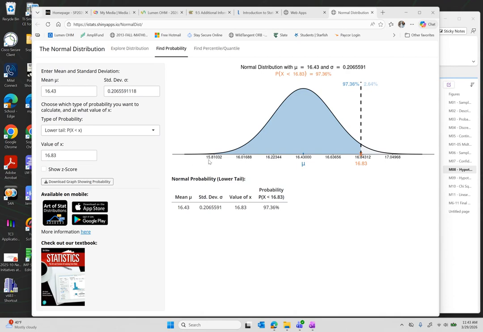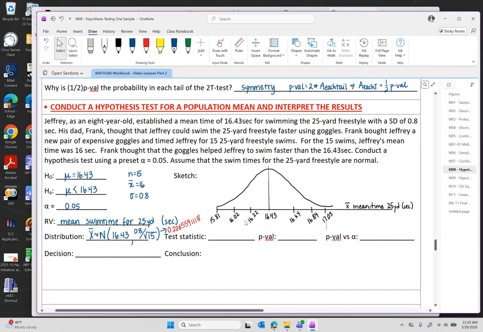So I did 15.81, 16.02, 16.22, etc. here in my notes. And my test statistic is actually a z-score. And that z-score is the z-score of the sample mean of 16 that I found.